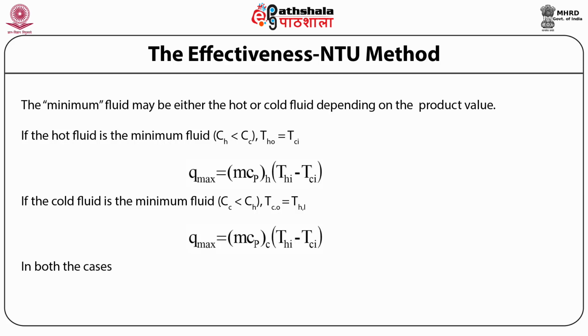So we got Q max equal to MCP minimum into Thi minus Tci, which is equal to MCP minimum into del T maximum. So Q max is represented as the heat capacity rate for the minimum into the maximum temperature difference.